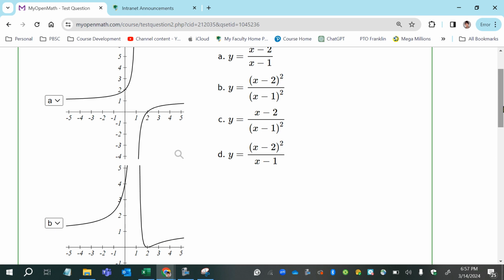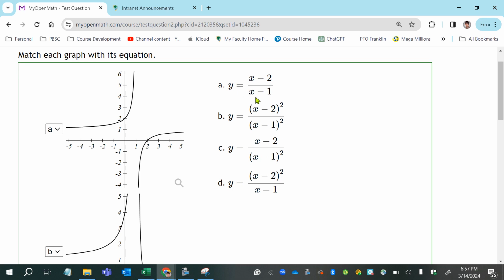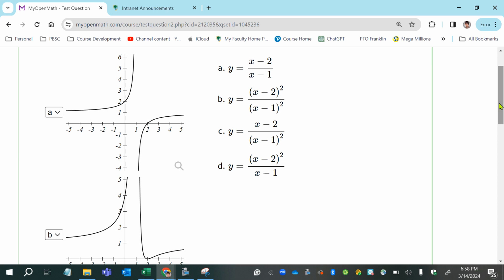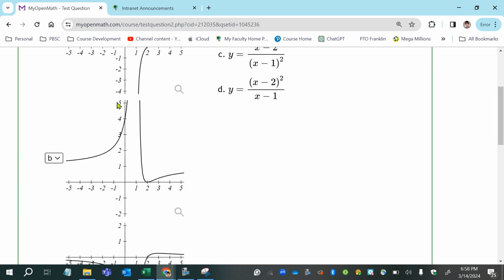Well, one of the things I'd like you to notice is that the denominator of A has degree 1, and odd degrees usually result in a shape that's more like this, where the parts are in opposite corners of the plane. And option B has a denominator of degree 2, and even degree denominators usually result in a function that has a couple of the ends pointed in the same direction on the same side of the x-axis.